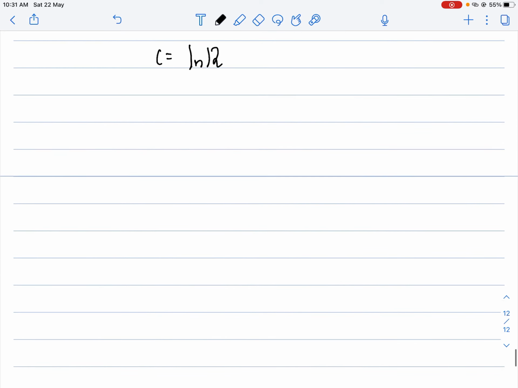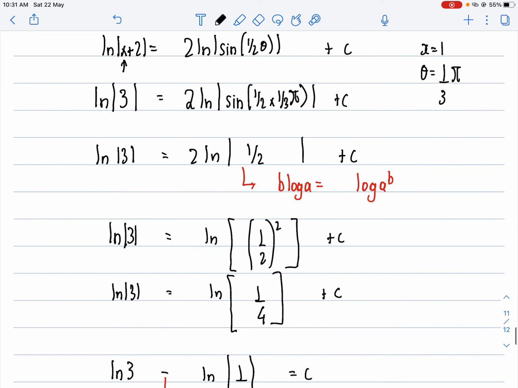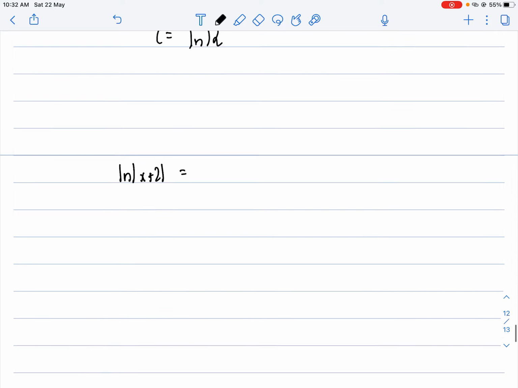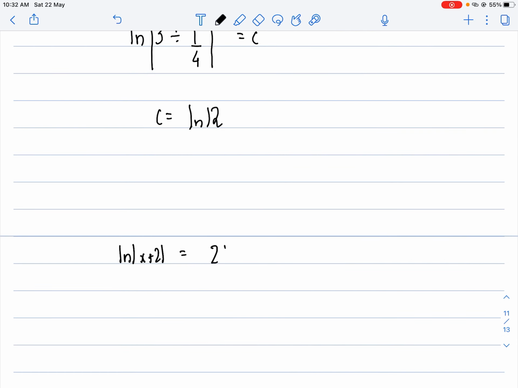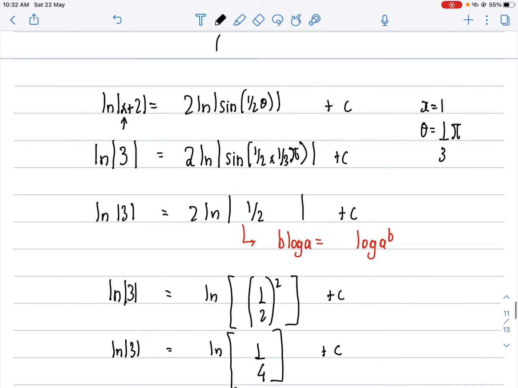So now writing everything together, I can write this basically as ln x plus 2 equals 2 ln sine half theta plus ln 12, which is in the place of c.